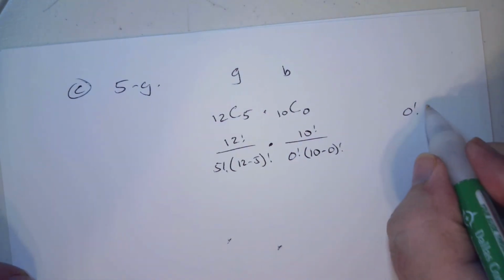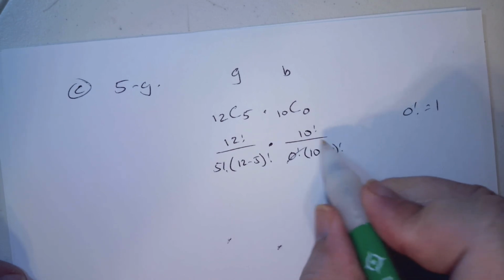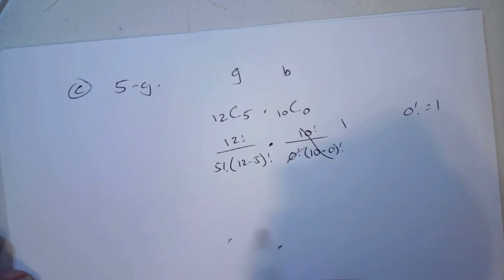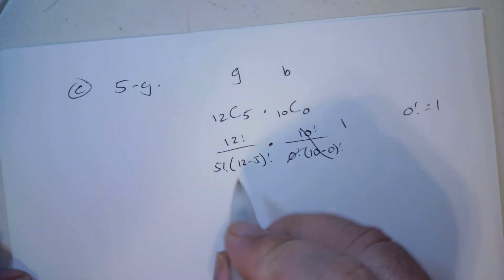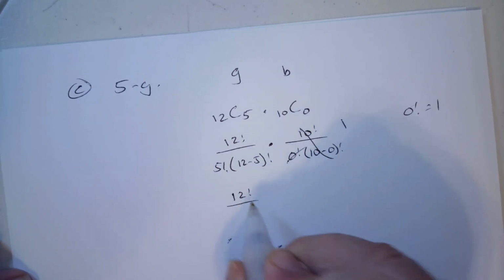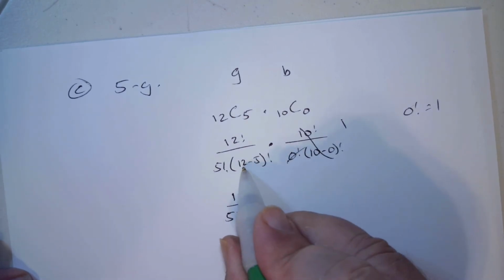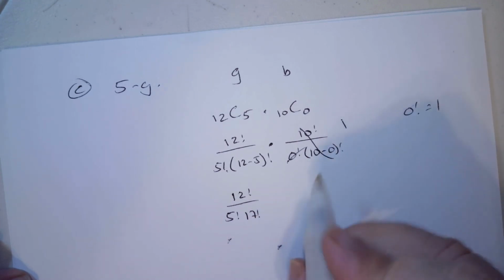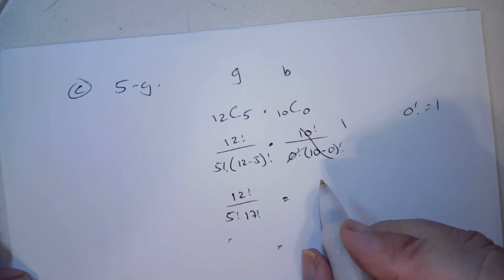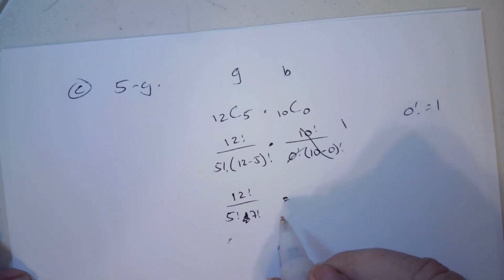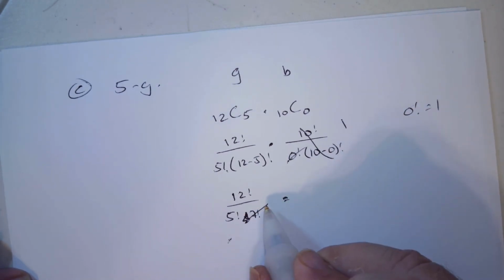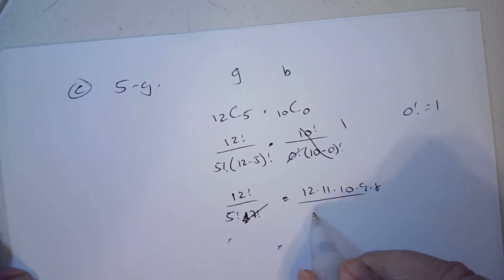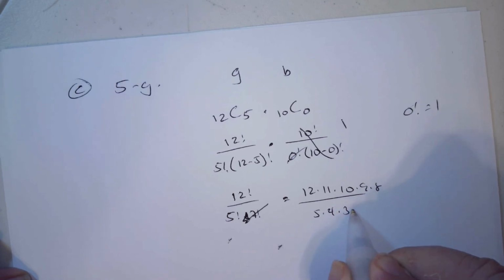Remember, 0 factorial equals 1. So it's 10 factorial over 10 factorial, that equals 1. So we have 12 factorial. 12 minus 5 is 7, not 17. So 7 down to 1's gone, so we have 12, 11, 10, 9, 8 over 5, 4, 3, 2, 1.